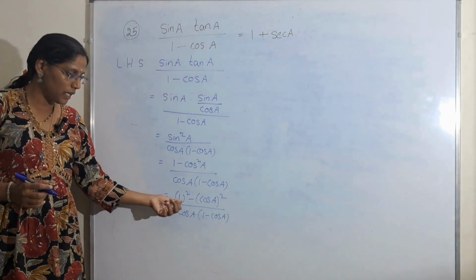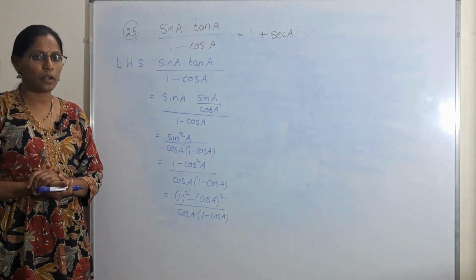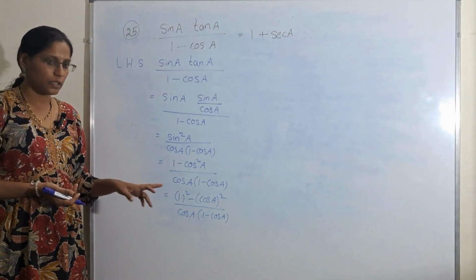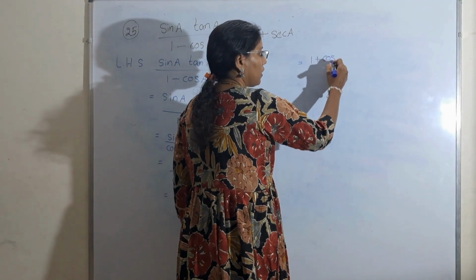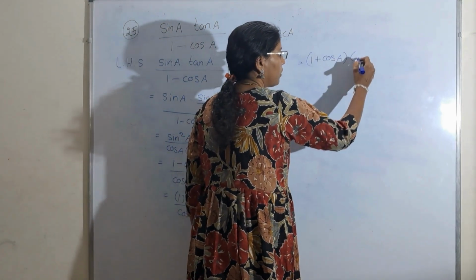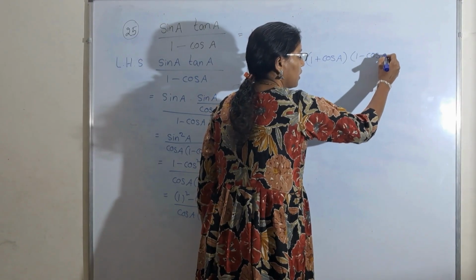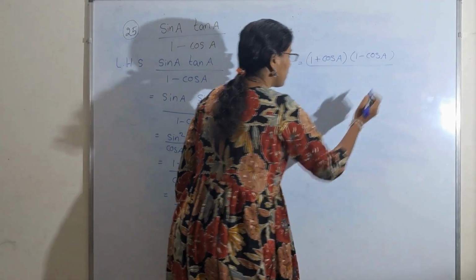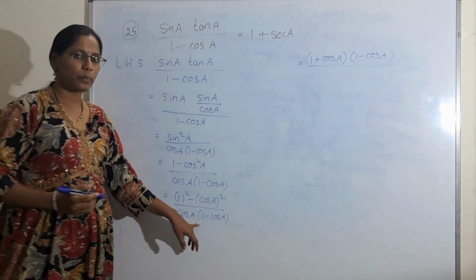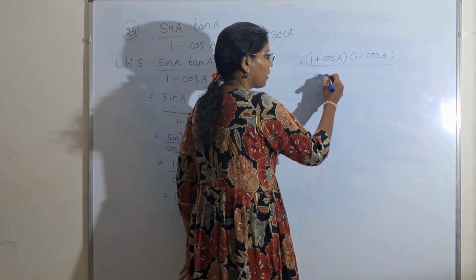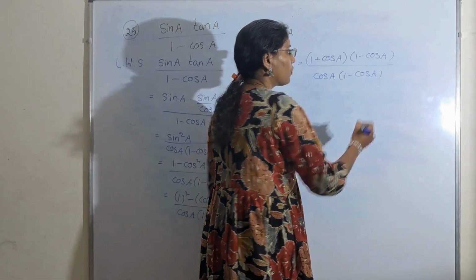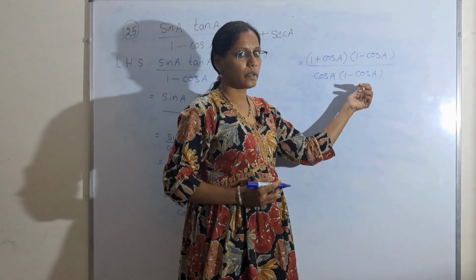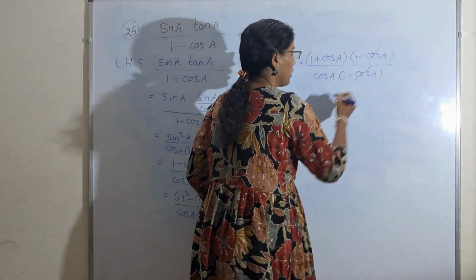Numerator, you should observe, we can use the A square minus B square formula here: (1 plus cos A)(1 minus cos A). Denominator as it is, you should write cos A of (1 minus cos A). Numerator 1 minus cos A and denominator 1 minus cos A cancel.